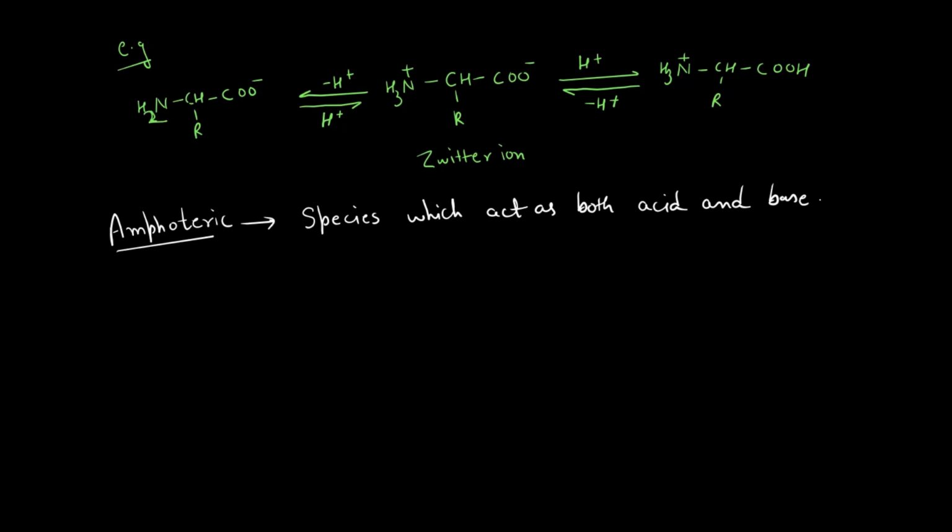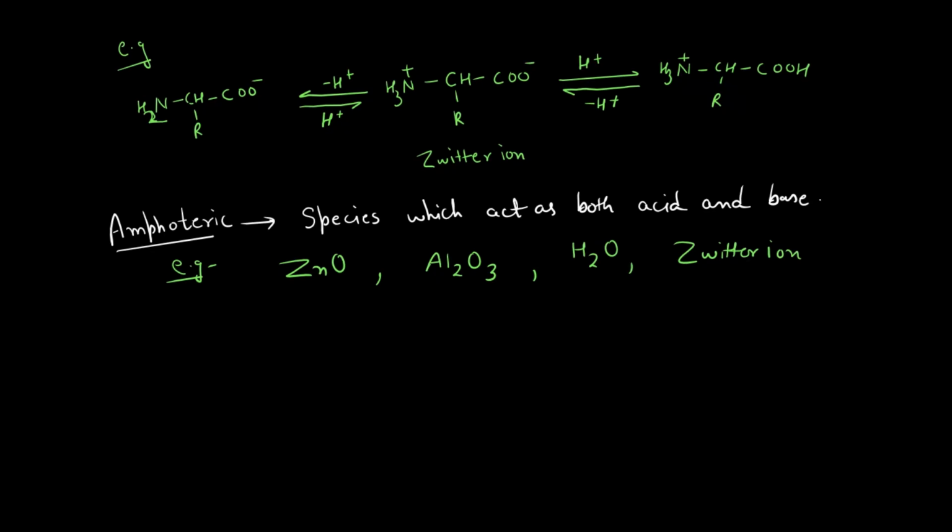For example, we can take zinc oxide. Zinc oxide can act both as acid as well as base. Al2O3, aluminium oxide, and all other amphiprotic species such as water and zwitterion, they are all amphoteric.